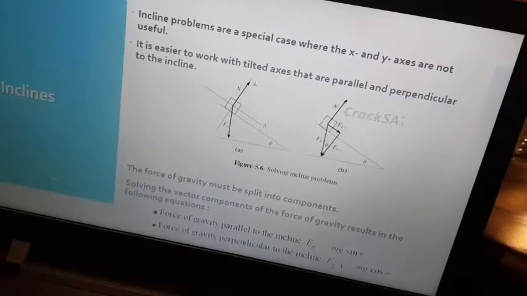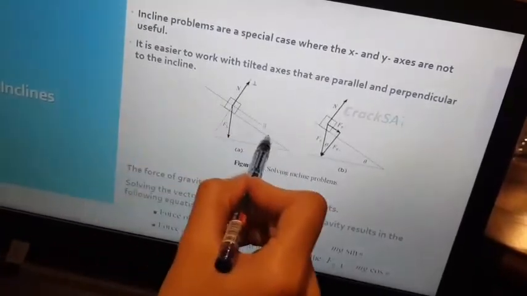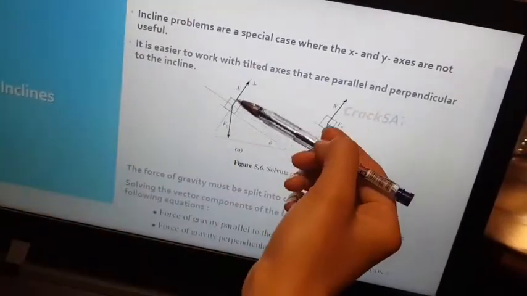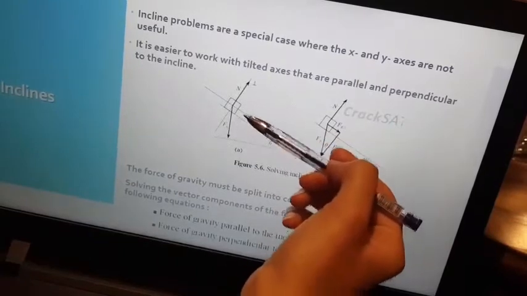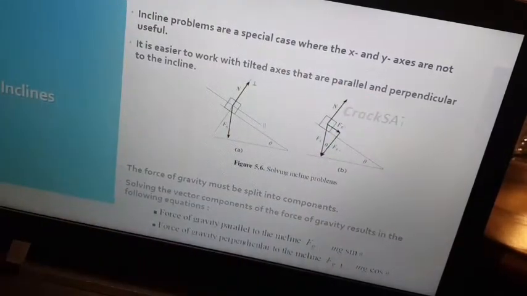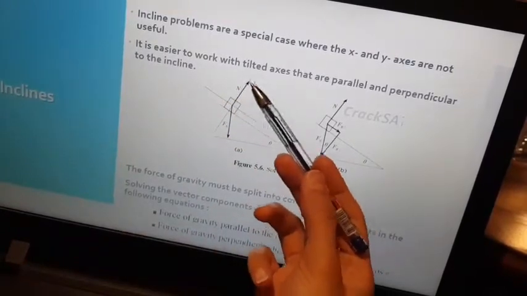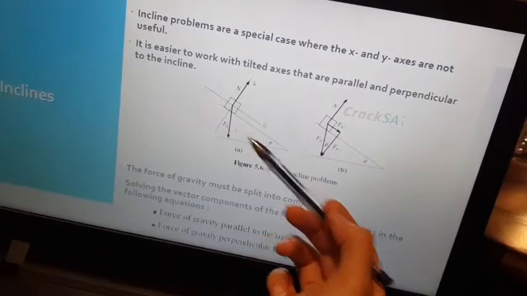So girls, always in an inclined plane, the first step is to draw the two axes, y and x. After that, you draw the forces on the axes. The normal force is exactly on the y-axis, and Fg is always between the x and y axes. After that, you have to resolve one force. For sure, the normal force, I will not resolve it. No need, no angle. Fg, there is an angle.